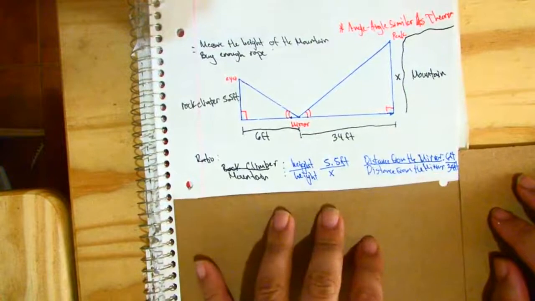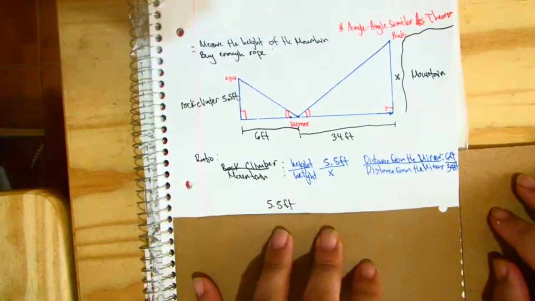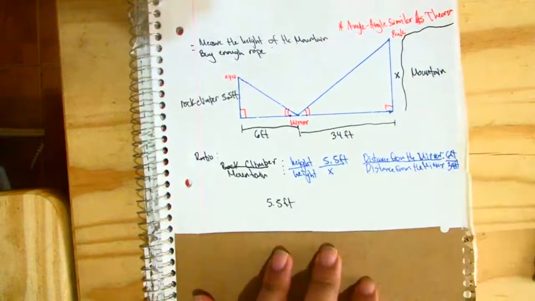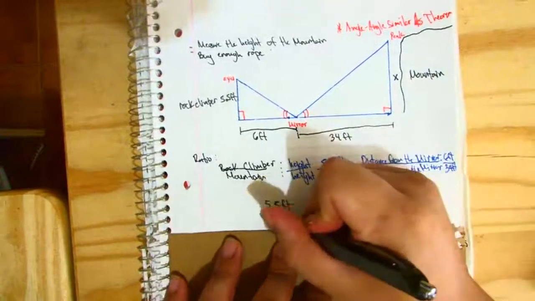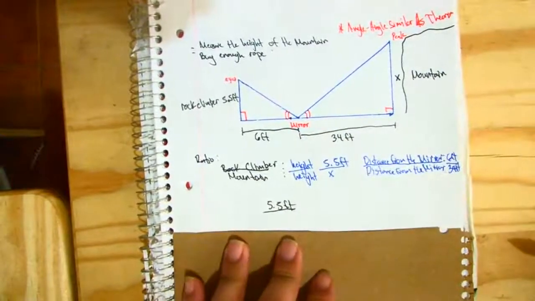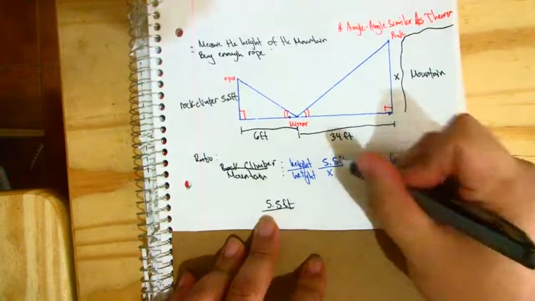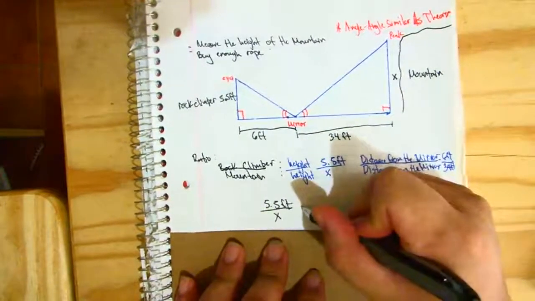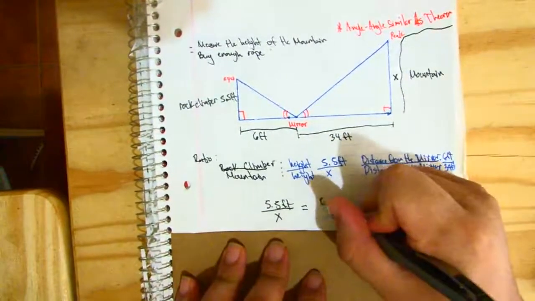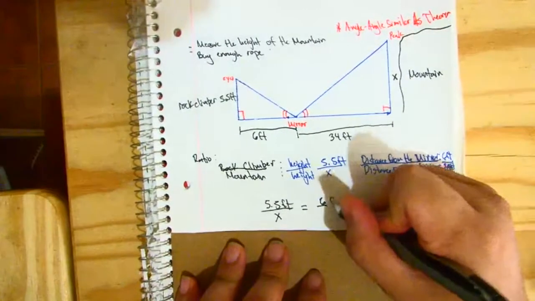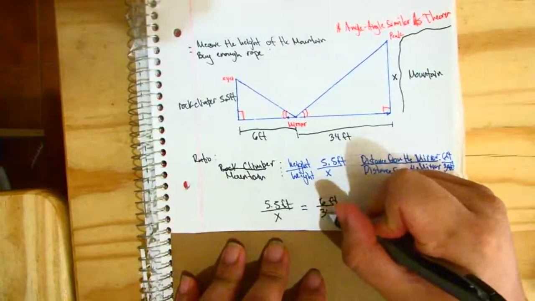So here, what we're going to do next is use ratios and proportions to determine the height of the mountain. 5.5 feet, using the ratio that we just wrote, equals 6 feet over 34 feet.